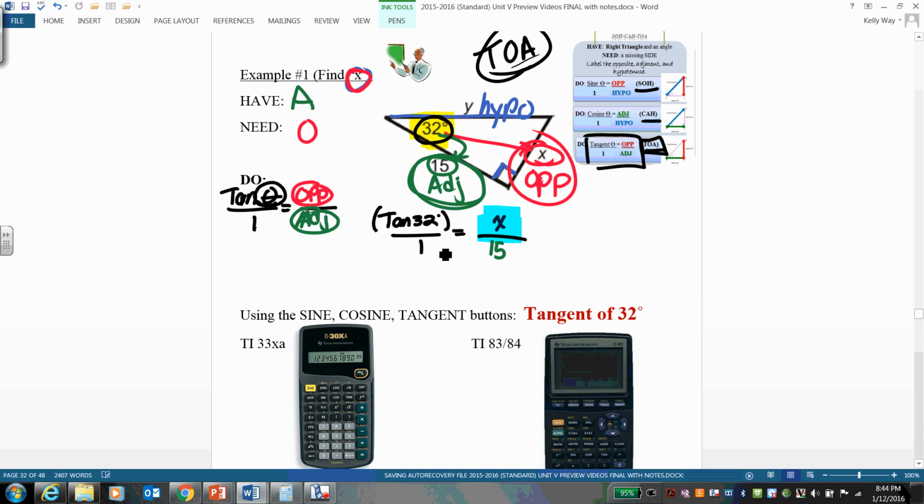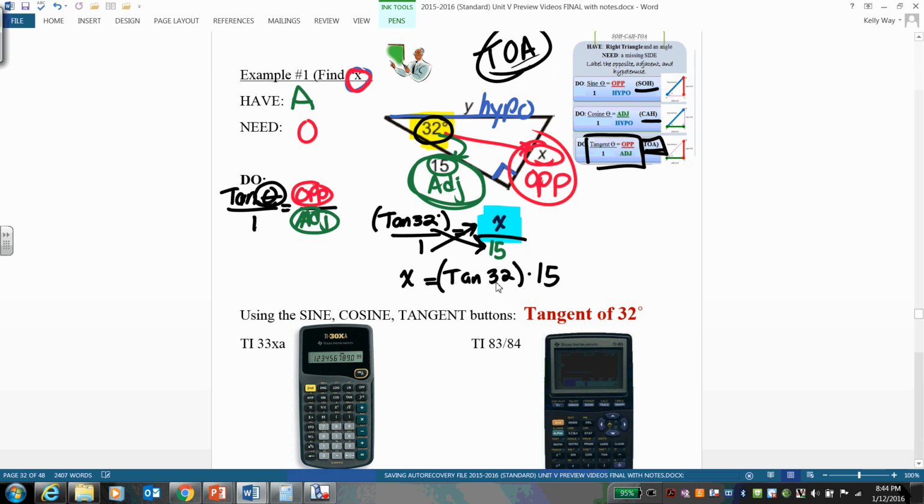Like any proportion, you cross multiply. So we're going to write here 1 times x, which is just x, equals tangent of 32 degrees, put parentheses around that, times 15. Now it's very, very, very important you understand this.